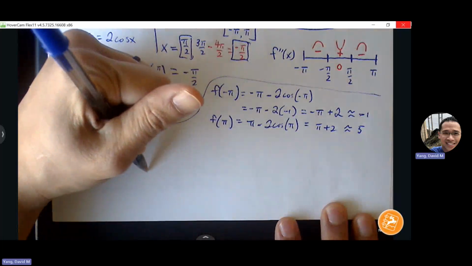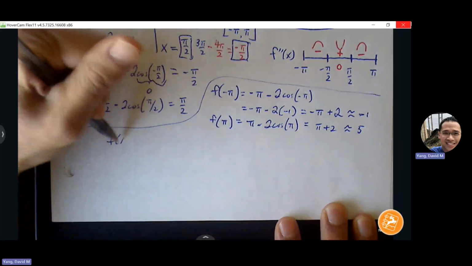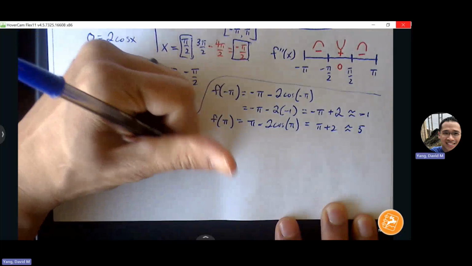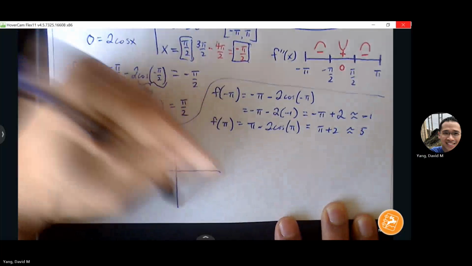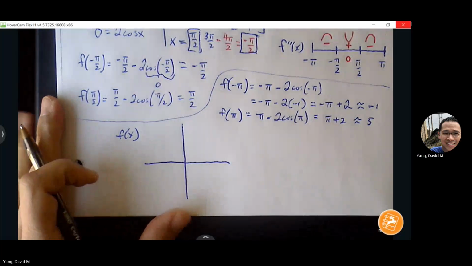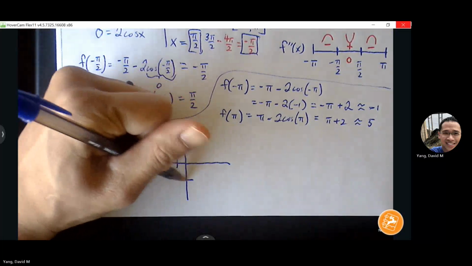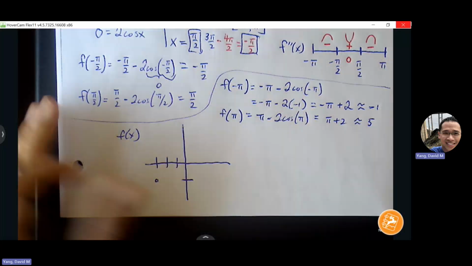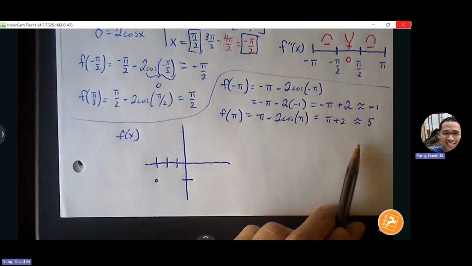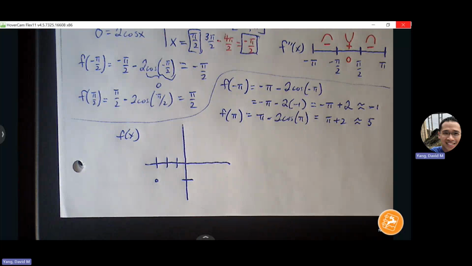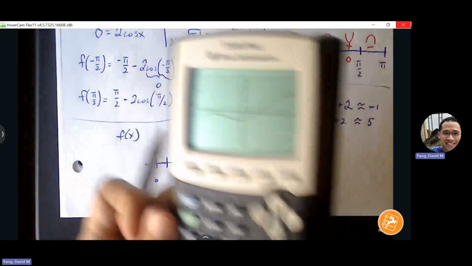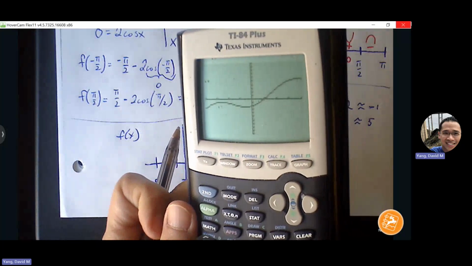So here's my f of x graph. Negative pi is around -3. Graph's going to start somewhere here. It's going to end up at 3, 5. Again, I'm looking at my graph here. It should resemble this when everything is said and done.